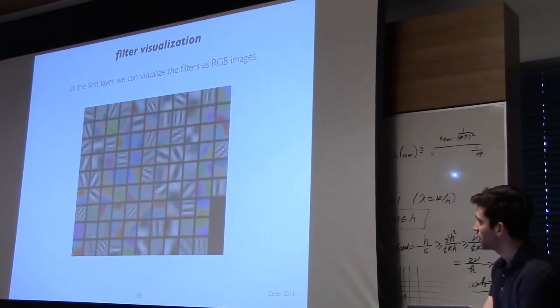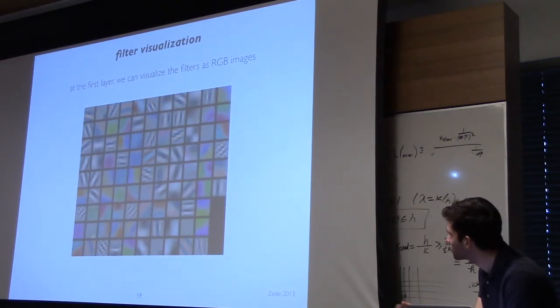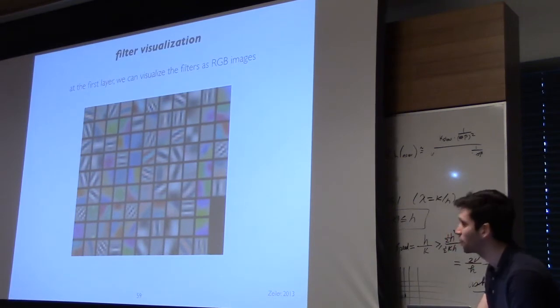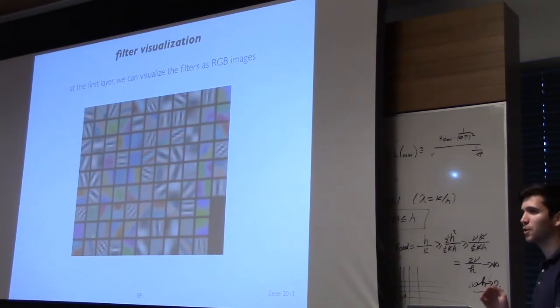You see a bunch of striped patterns, a bunch of gradients, and different combinations of colors, and a few checkerboard kind of looking things. But yeah, for the most part, kind of what you would expect, sort of similar to what you see with neurons in the primary visual cortex, where now they're extracting this kind of basic pattern, like just a bar in a particular orientation, or a particular combination of colors, for instance.